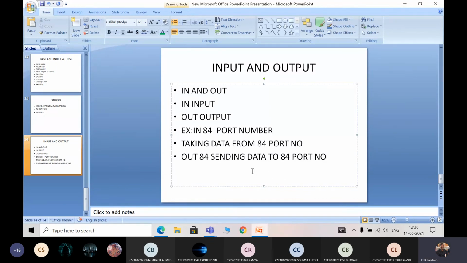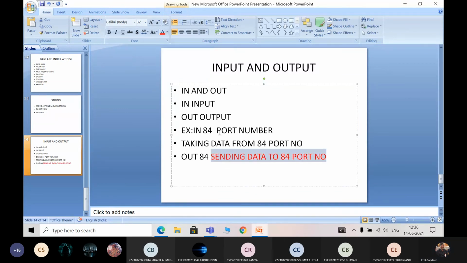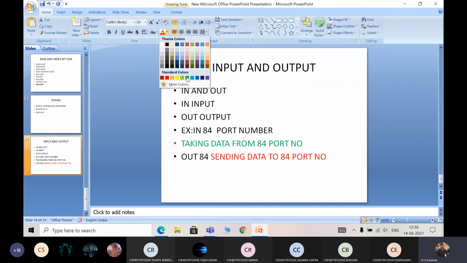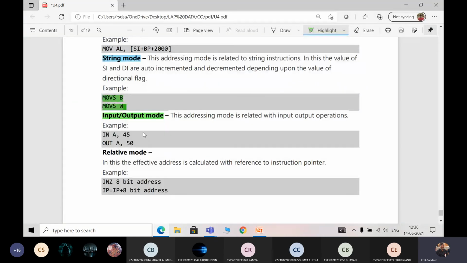And here, IN 84 is taking data from 84 port. So that is an example for the previous one. IN 84 means this, OUT 84 means this. These are the IN and OUT addressing modes.